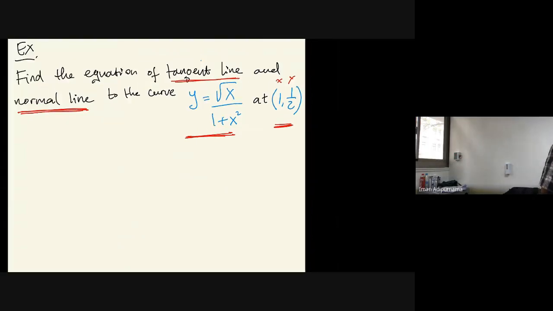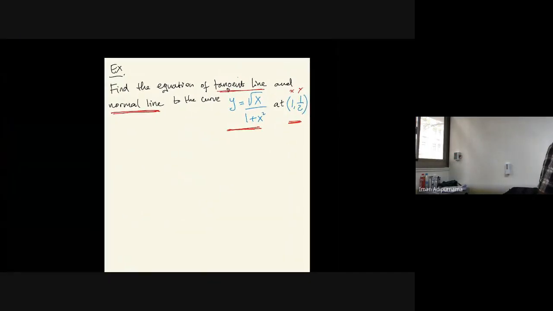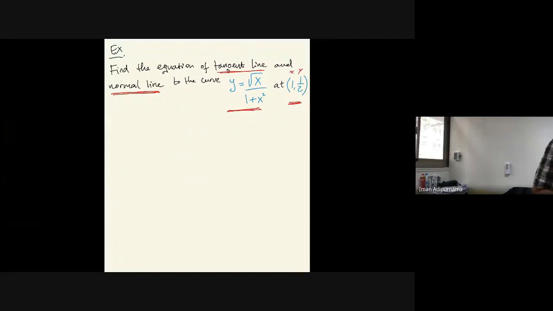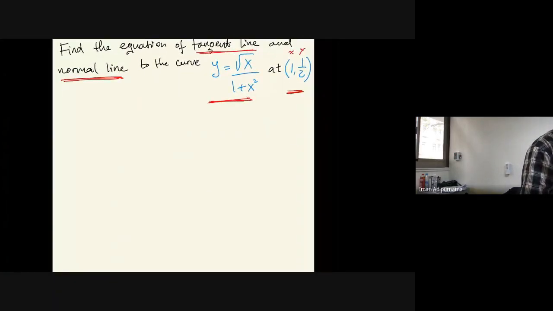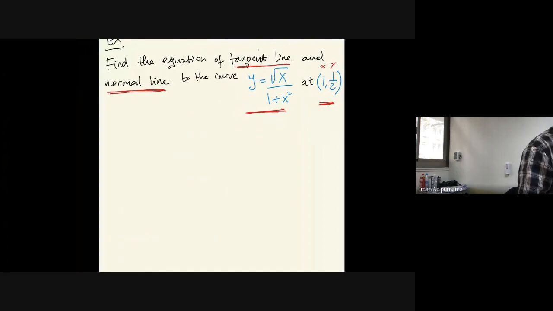So first, read the question first, okay? Do you understand the question? So that's the thing that you need to be aware of. Do you understand the question or not? Find the equation of the tangent line.